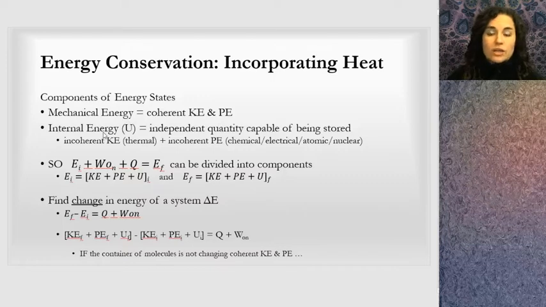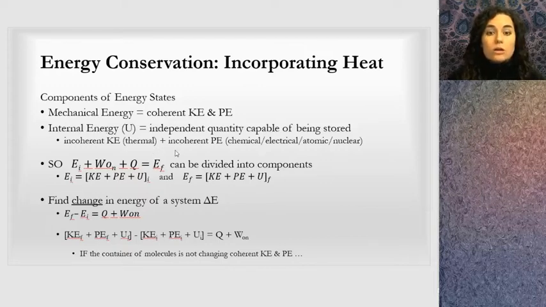Within that object, there is internal energy, and that's independent of the motion of the object as a whole. So we're going to have incoherent kinetic energy, which we think of as 3/2 kT for a gas, right? So that's incoherent. The center of mass is not moving, but each one of the molecules within that substance is moving, and we're going to account that into the internal energy.